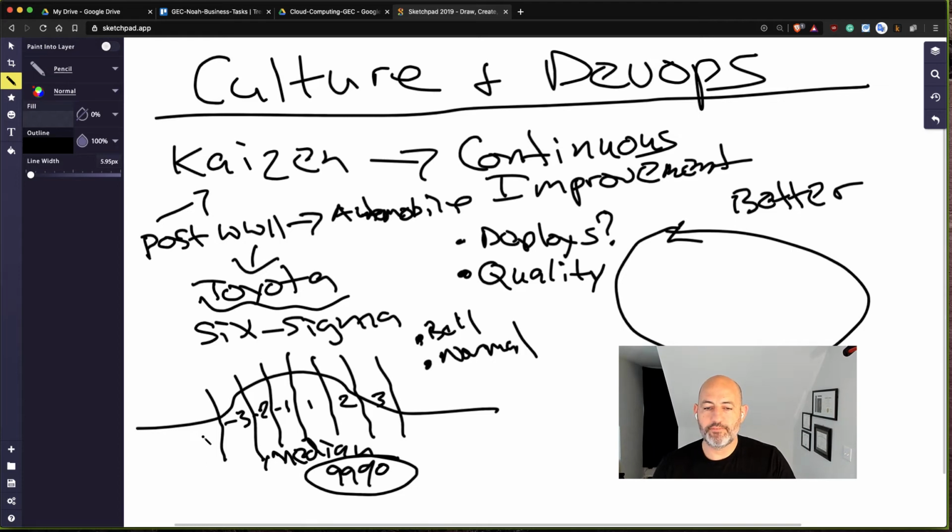So if something pops up over here, or it pops up over here, like you're building a bolt, and the bolt is either too big and it's over 3 standard deviations too large, or it's undersized by 3 standard deviations from the median, then you know there's a problem somewhere.